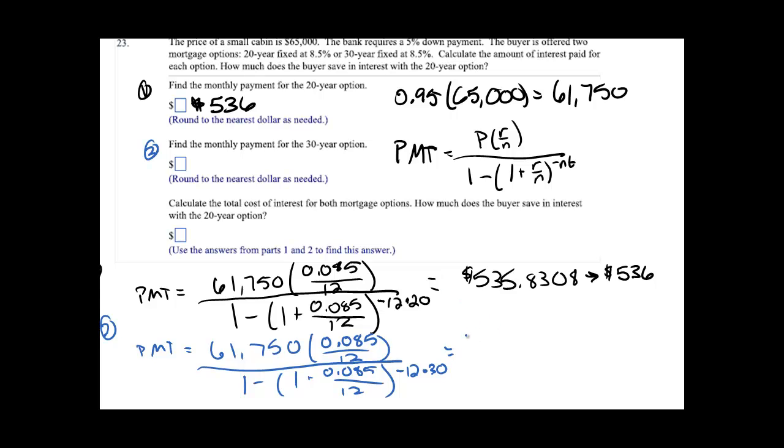When we calculate that, we get $474.80, which rounds to $475.